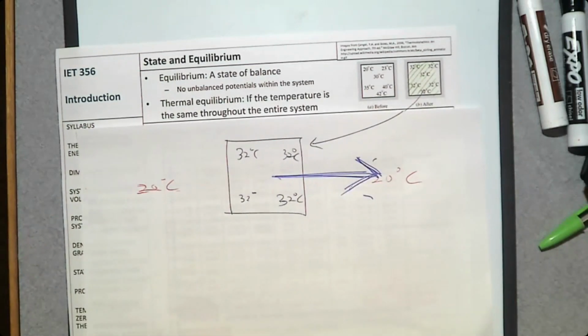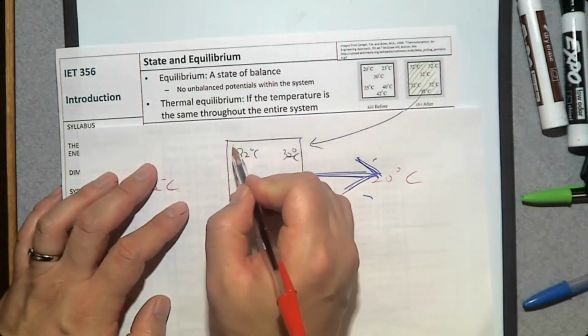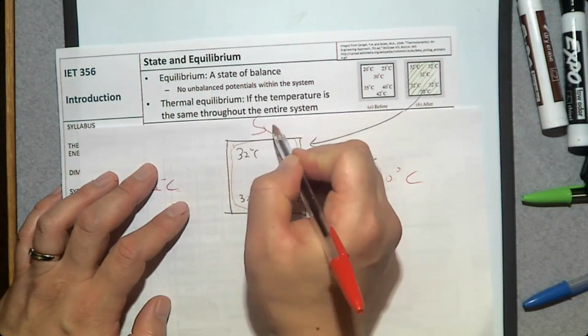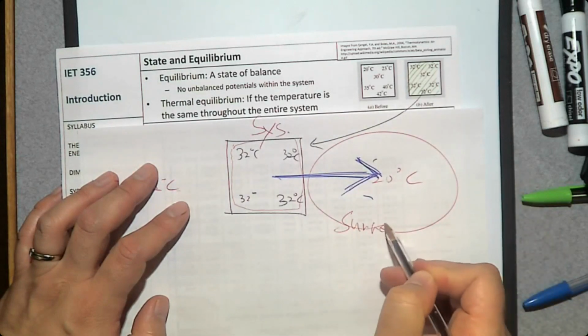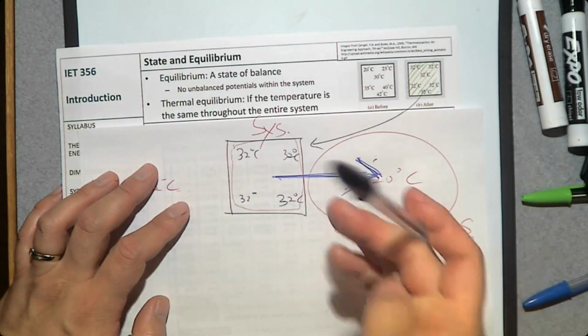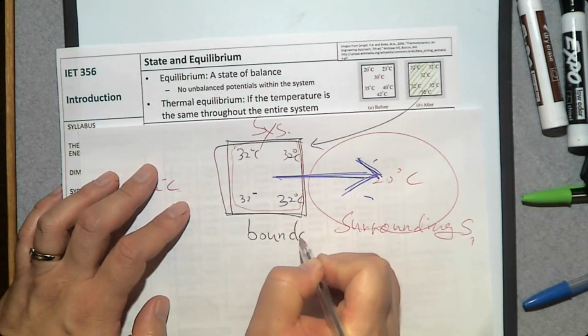So to understand this heat transfer, we need to define the system, its surroundings, and its boundary. In this case, inside this box is going to be the system. Outside is going to be its surroundings. And this box is going to be its boundary.